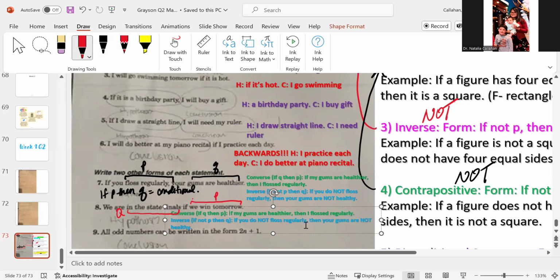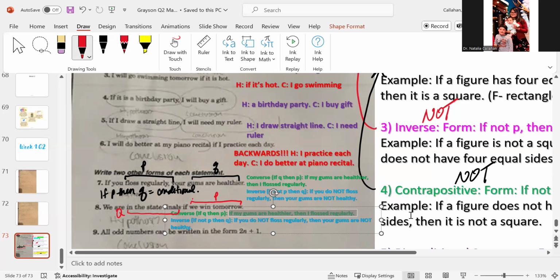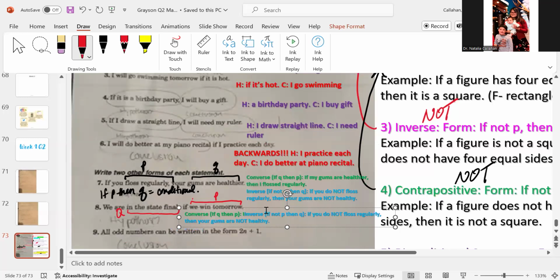So what would be your converse for this one? Actually, what you can do with this one is a converse. Okay, let's do a converse. If Q, so what would your converse be? And actually for this one, you could do a conditional statement because that one is wrong. The conditional is if P, then Q, right?